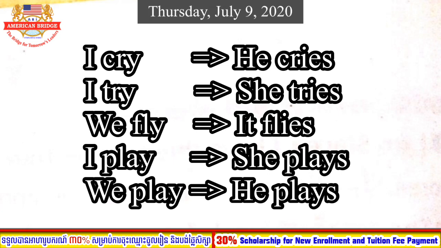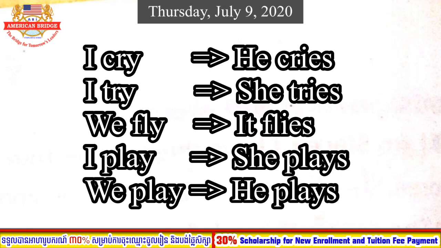Okay, how about the verb that ends with vowel plus Y? Example, the word play, P-L-A-Y. So A is a vowel, it is not a consonant. So I play. How about he play? Do we have to change Y to IES? No, we don't change because P-L-A-Y, A is a vowel, and Y we don't change, we just add s.